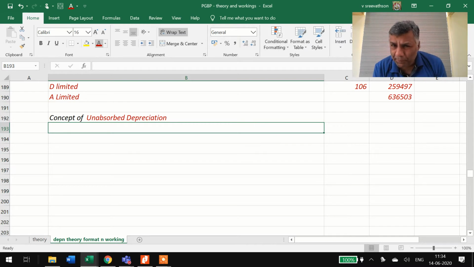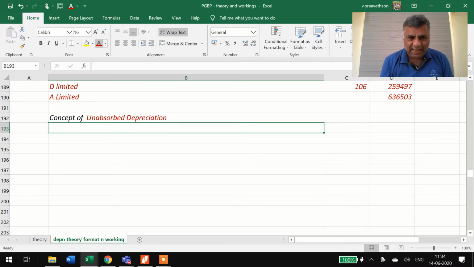Was there a profit before charging depreciation, my dear friends? Yes, sir. Yes, 2 lakhs you had profit. Your depreciation came to 3 lakhs.